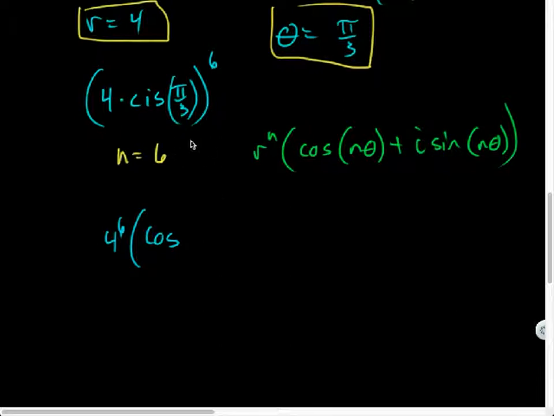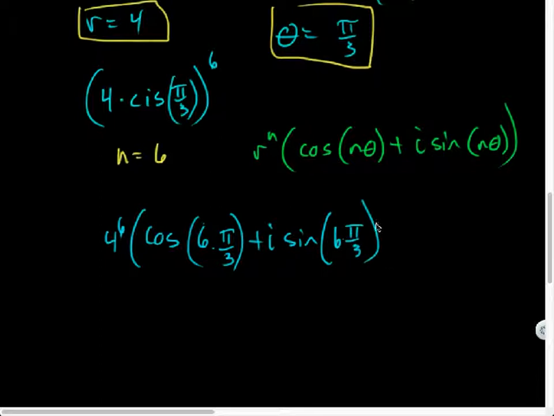So that's 6 times pi over 3. I guess I'll write that out. Why not, shall we? 6 times pi over 3 plus i times sine of 6 times pi over 3. And close that double parentheses. 4 to the 6th power. I don't know what that is. 4096. I should have known that one.